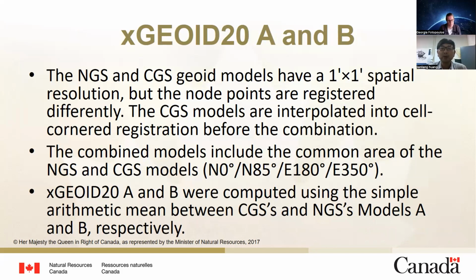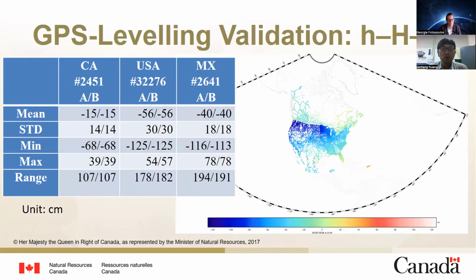Based on the two sets of models, A and B, we developed two experimental geoid models called experimental geoid A and B, covering the whole of North America. Those two models were tested against GPS leveling in 3 countries, and the standard deviation of the differences ranges from 14 centimeters to 30 centimeters. Mostly those differences are because of long-wavelength or long-baseline systematic errors in the leveling data.